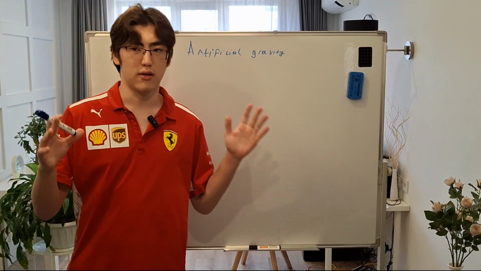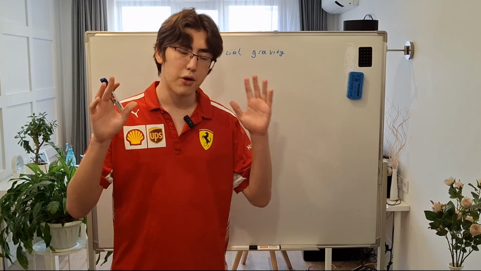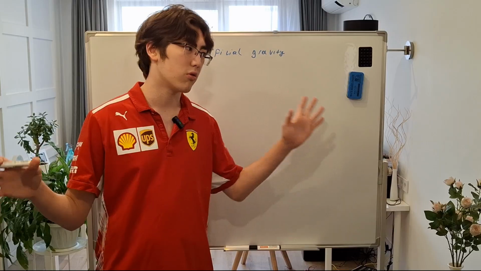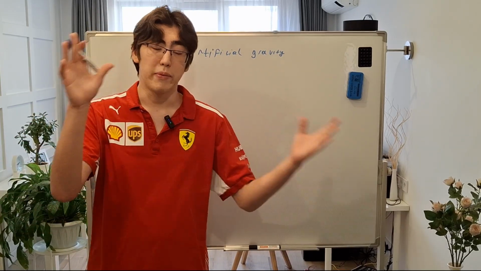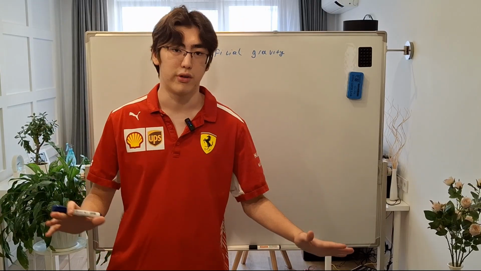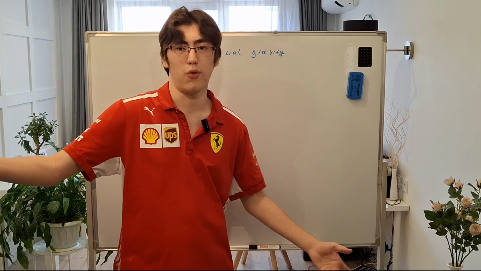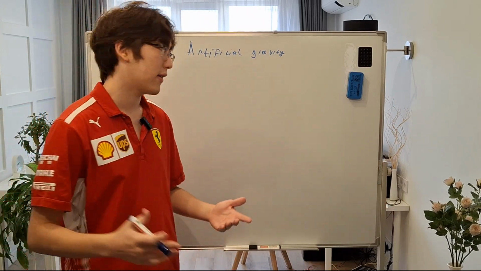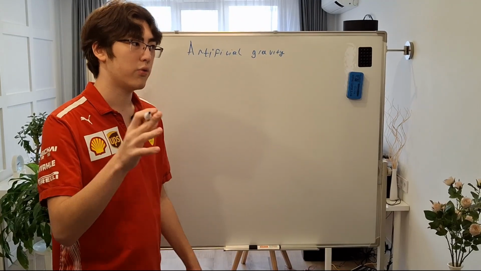Now, what is centrifugal force? This force is an inertial force, which by Newtonian laws means it is an imaginary force. It is not a real force, but it has a real effect in our world. So how is it generated? We have a body moving through space and time.